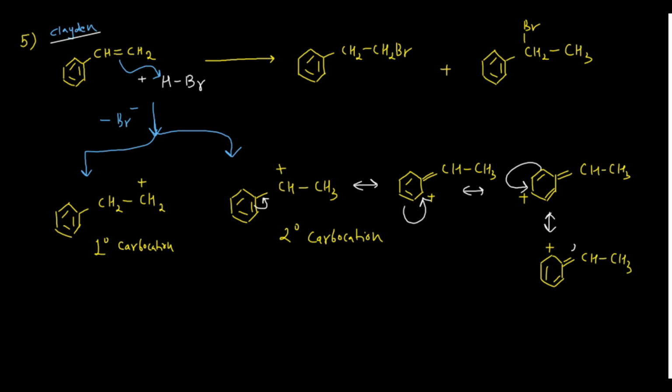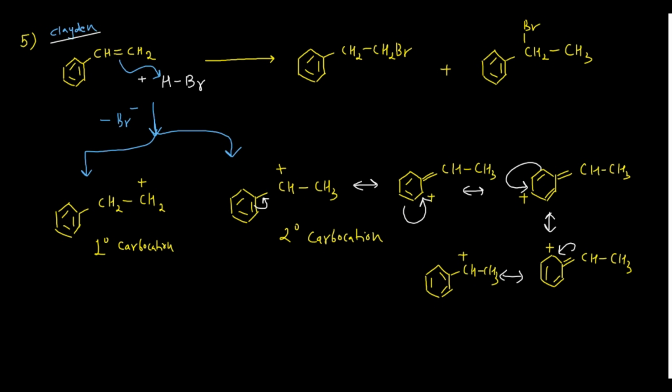This will come back to this position, right? And when this comes back to this position, you will have your final structure, and that final structure would look like this and this, which is your CH and CH3. Positive is here.